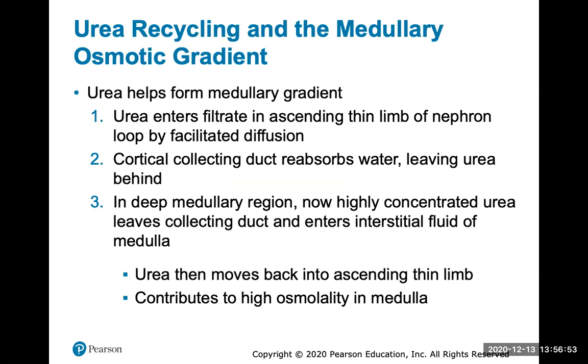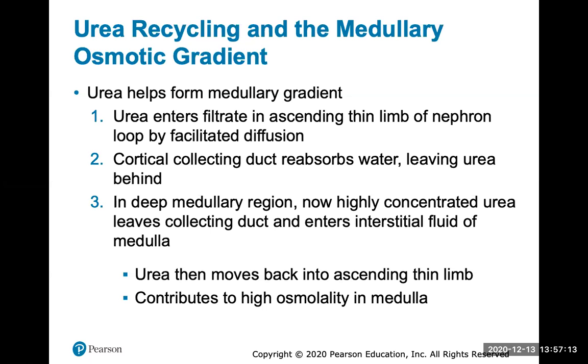Urea recycling. Urea helps form the medullary gradient, and this gradient is important for that concentration of secretion and absorption. So urea will enter the filtrate in the ascending limb by facilitated diffusion. The cortical collecting duct reabsorbs water, leaving the urea behind.